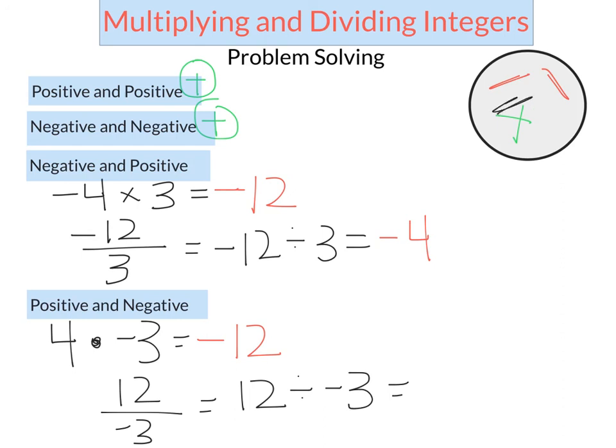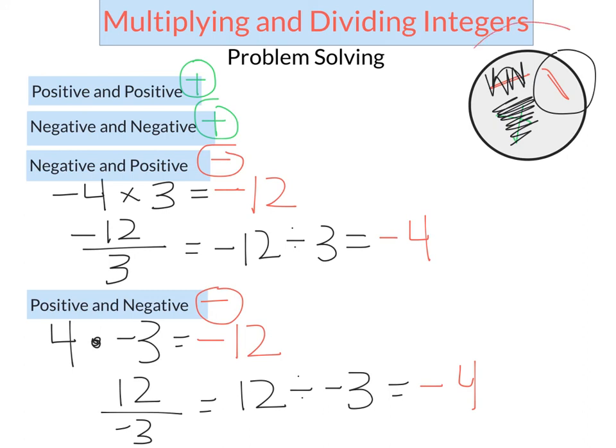I've got a positive 12 and a -3. I'm still going to have a negative sign left over. That goes to my answer. So my answer is -4. That means when I am multiplying or dividing a negative and a positive, or a positive and a negative, my answer is going to be negative for both.